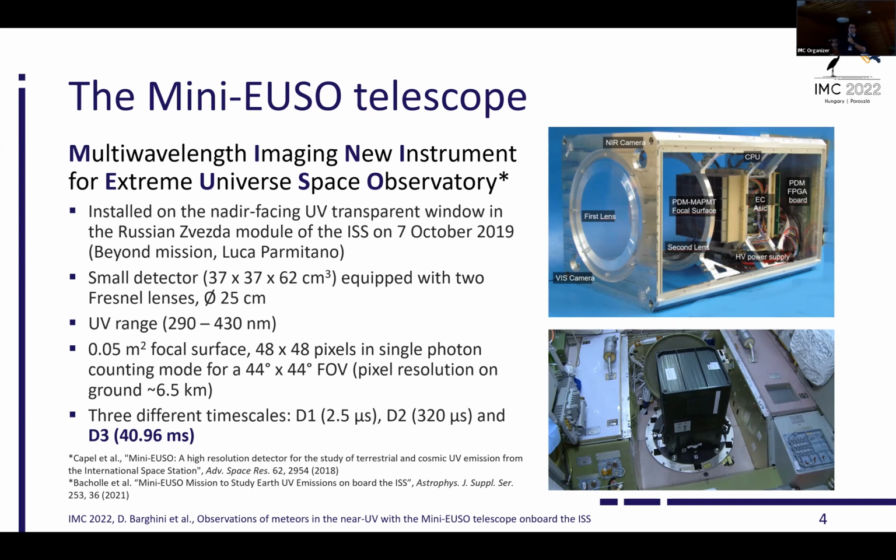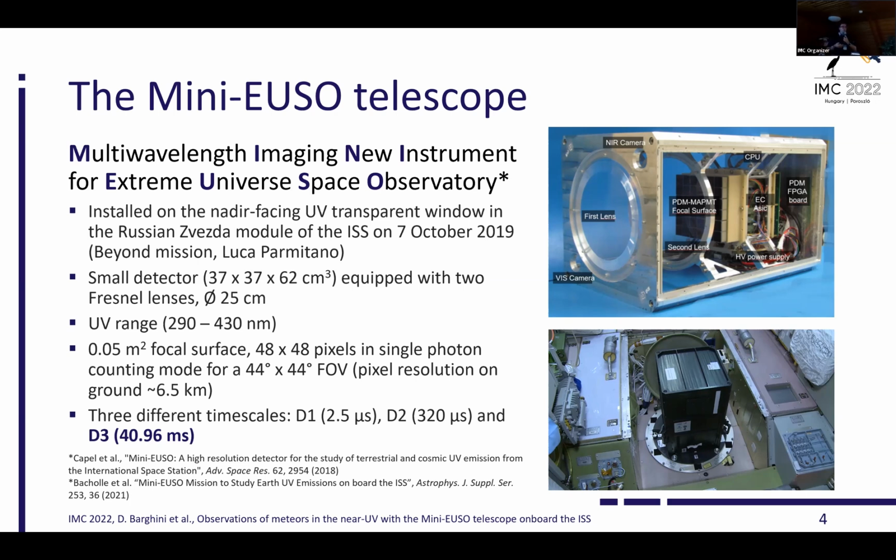It is installed on a UV transparent window since air showers emit in the UV wavelength band. It was installed in 2019 on the Russian Zvezda module of the ISS, and it is operative to date. The instrument is not on all the time, but it operates in observation sessions.